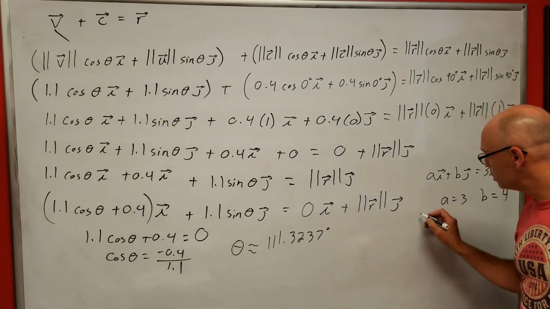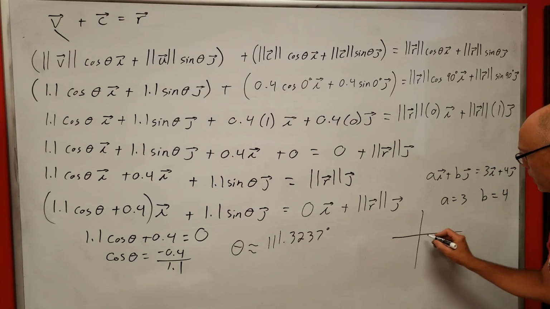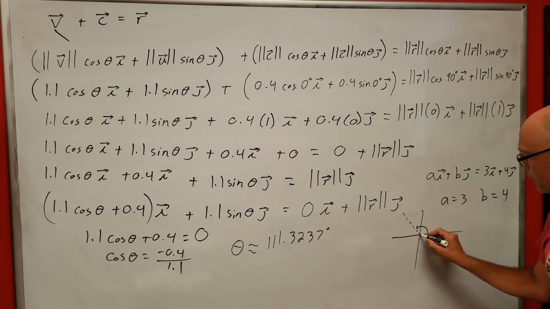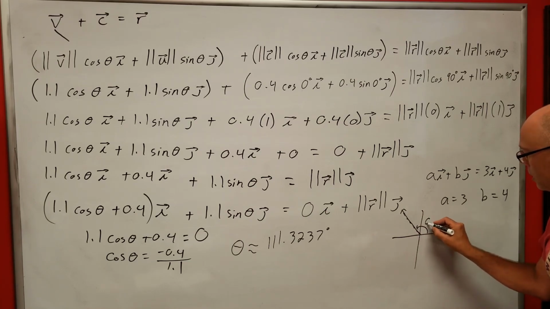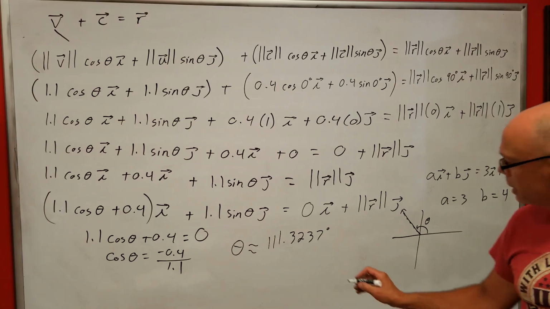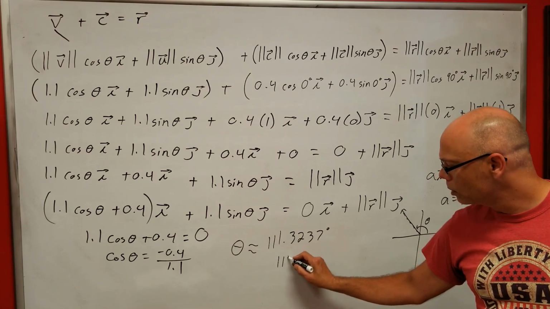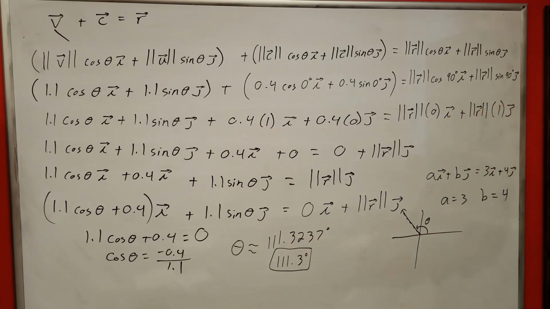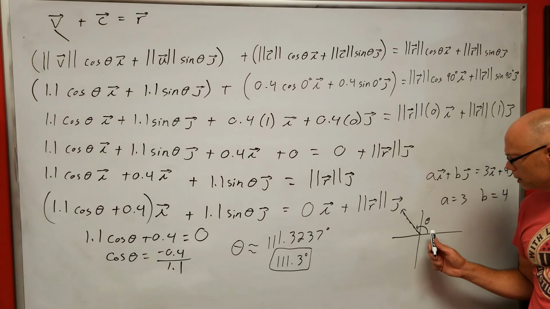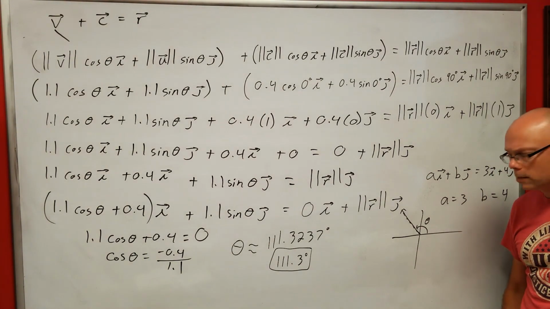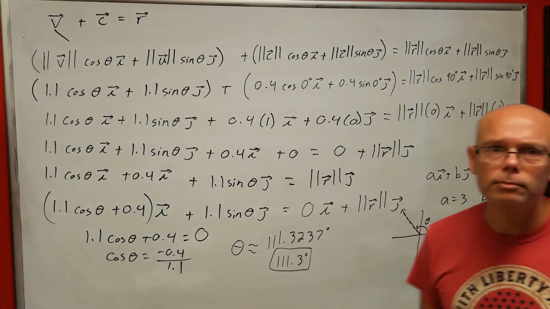All right, so in the picture that I had earlier, I was looking for this angle right here, theta, okay? Didn't I just come up with that angle theta? And they tell me to round to the nearest tenth. So I would say 111.3 degrees. For some reason they want that here in Alex. I would have thought that they wanted north, so many degrees west. But they actually want this number. Good luck.